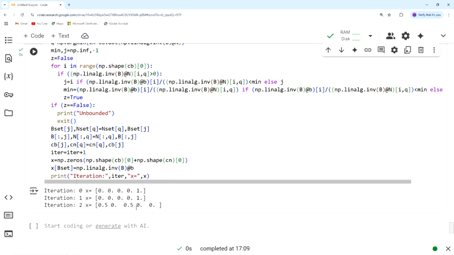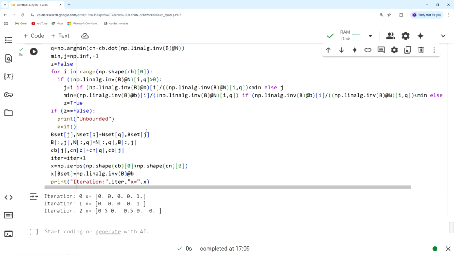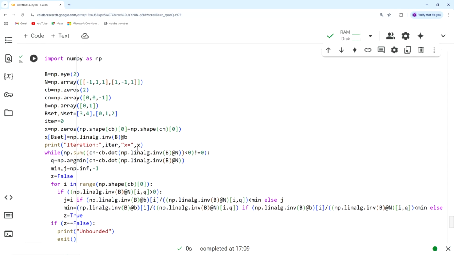So, it may not be very clear because I have not printed the b set and n set for each of the iterations, right. So, maybe let me do that as well. So, let this be b set equals b set and n set equals n set.